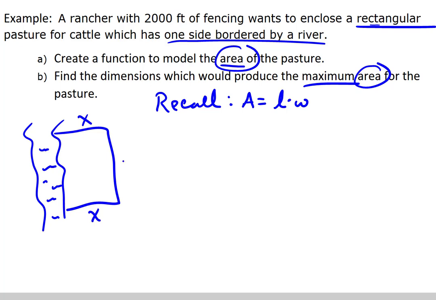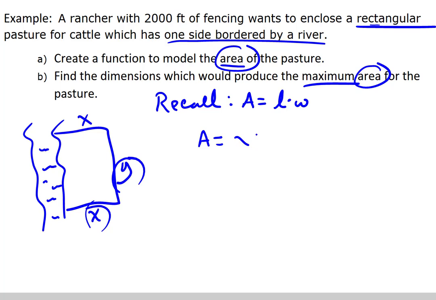Now, it's very tempting just to call it y or some other letter. And that's not wrong, except that it's going to become more difficult to have two different variables going on our picture. Because if I were to try to create a function to model the area, so if I said area equals, and then knowing that it's length times width, I could say x times y, but now I have too many different letters at play.